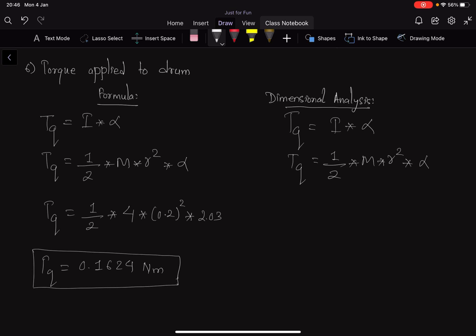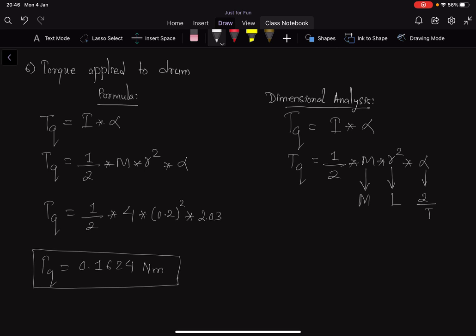We're going to convert all of them into fundamental dimensions. Mass is referred to as capital M, radius is length, so it's going to be L. Your angular acceleration is basically 2 divided by t.